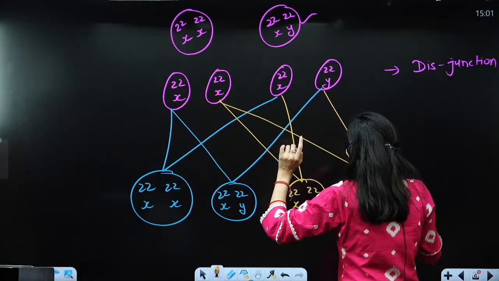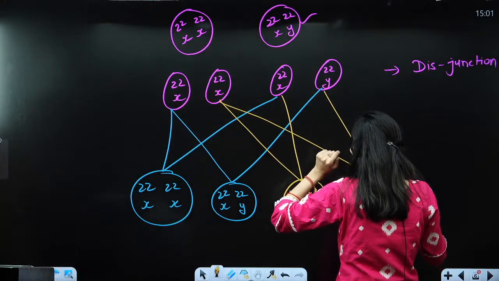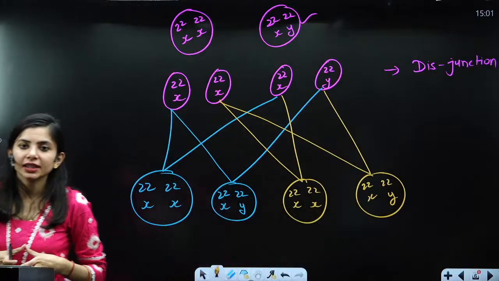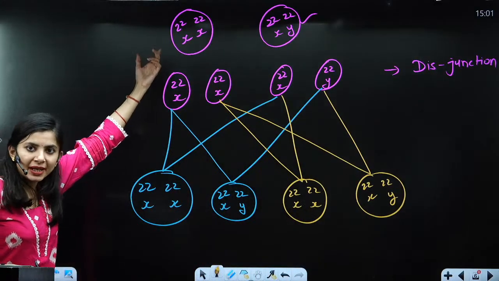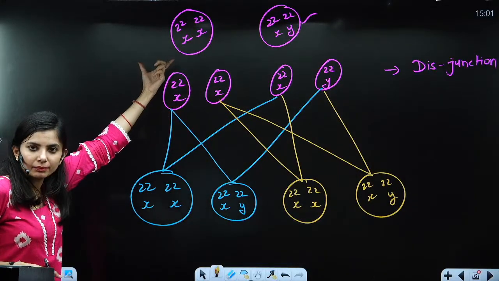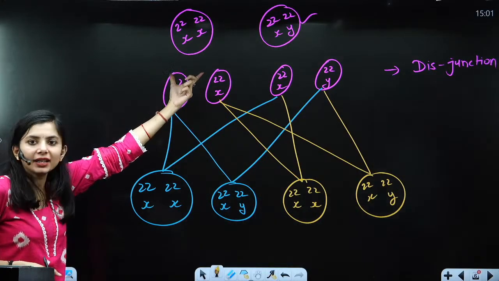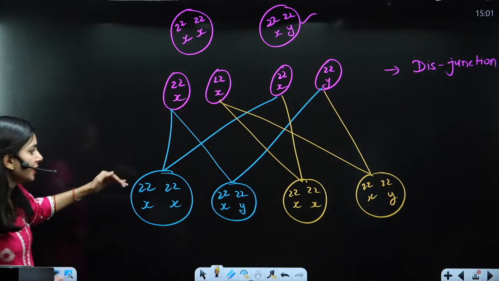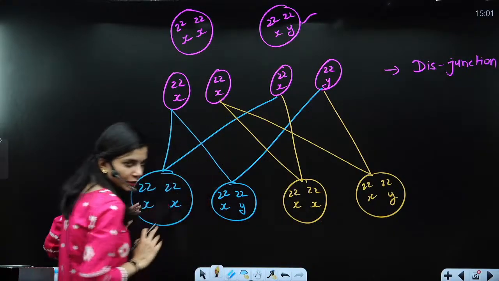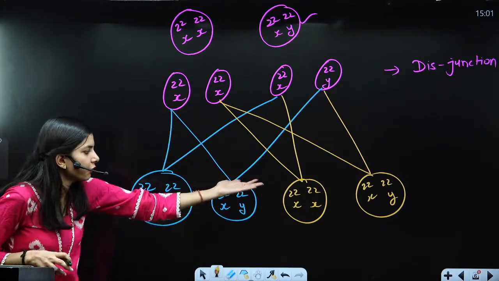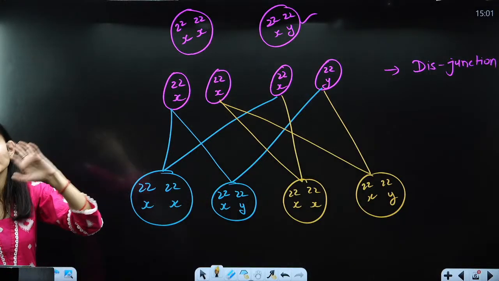Here 22x, 22y. So let us suppose there is a female egg cell and a male sperm cell. If this is the case, then there are four chances. It's not that the couple will have 4 children, but they will have 4 chances.